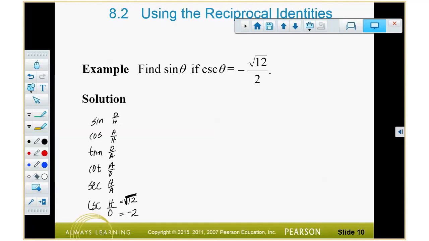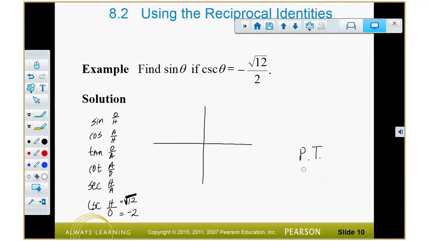That's how I knew to assign the negative to what? The 2, yeah. So I draw my picture. Now, if I got a theta anywhere around here, my opposite is going to be the what? The y, Hubert. That's right. So I've got a negative 2 on the y, but I don't have an x. So I'm going to have to use my old friend, the what? Pythagorean theorem.